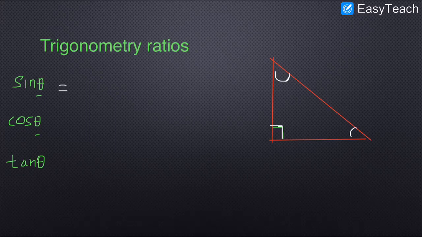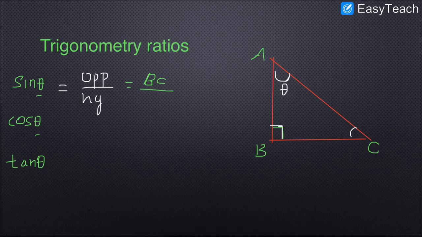When writing the ratios, it depends on where the angle is located. For example, if theta is located here, sin theta is opposite by hypotenuse. Before that let me name the triangle as ABC. Here the opposite side is BC and the hypotenuse is AC, so BC by AC.